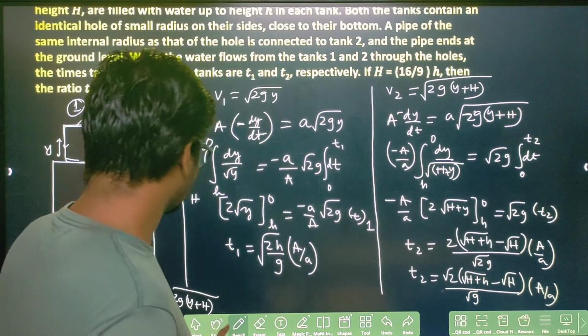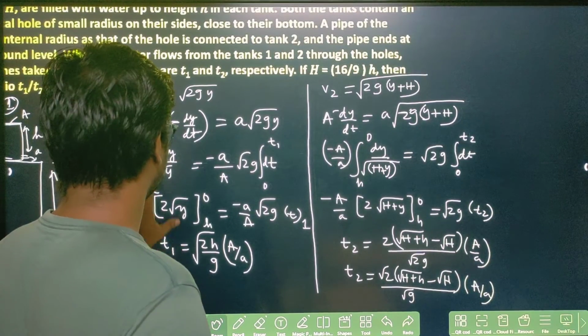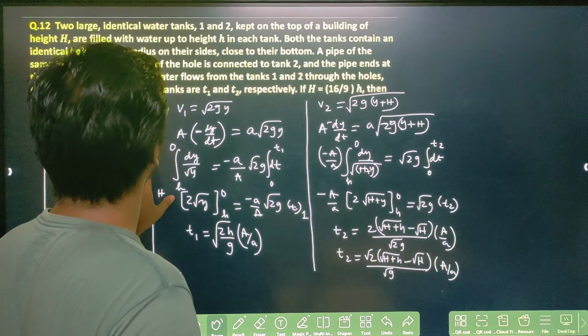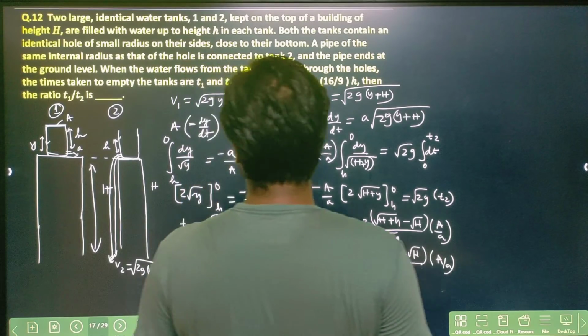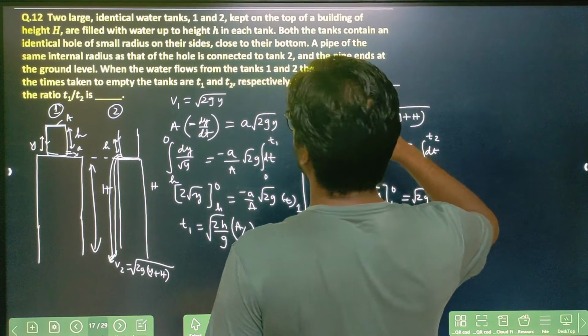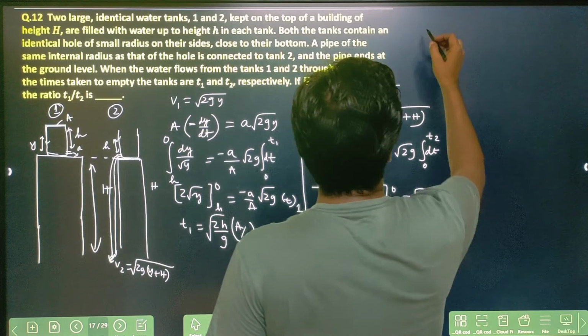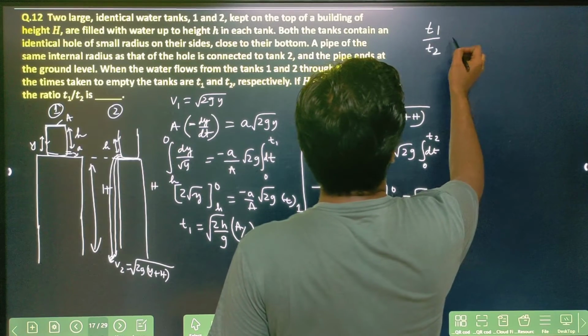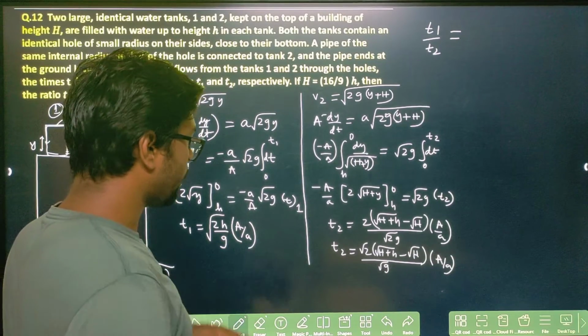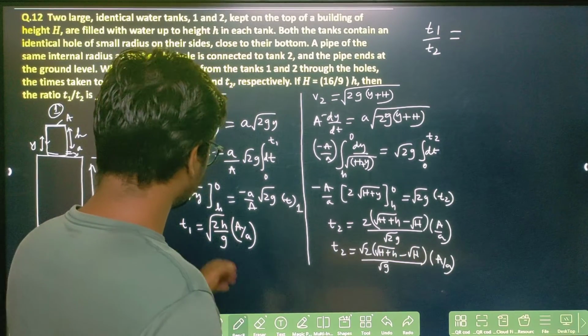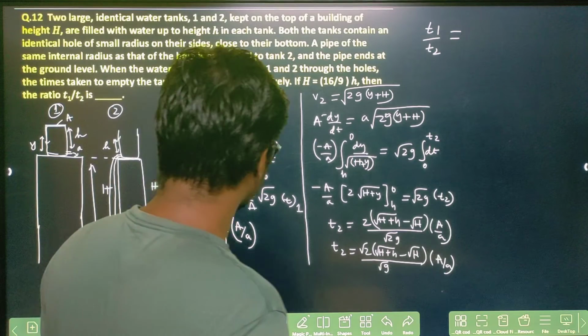T1 and T2 you got. Here I am doing the rest part. So here I am doing T1 by T2. They have given T1 by T2, and they have given h equal to 16 by 9. So T1 divided by T2, if I find out, T1 equals 2h by g, a by a. So a by a cancels out, g root over also cancels out, and root 2 also cancels out.